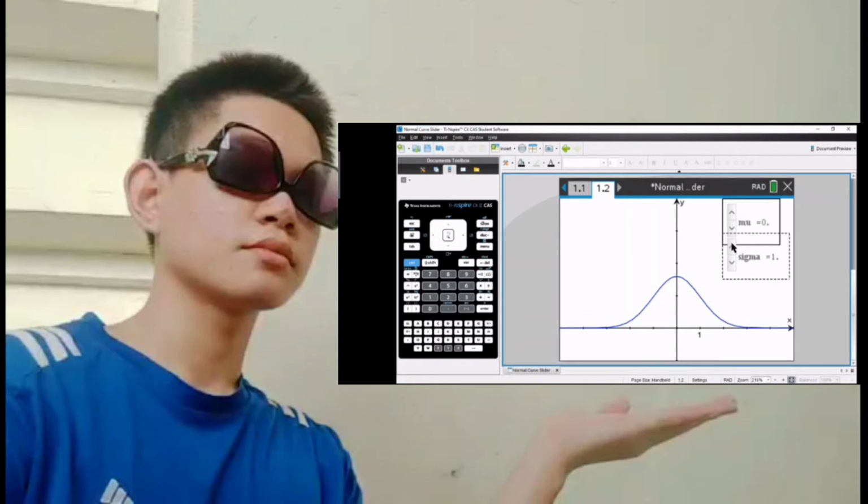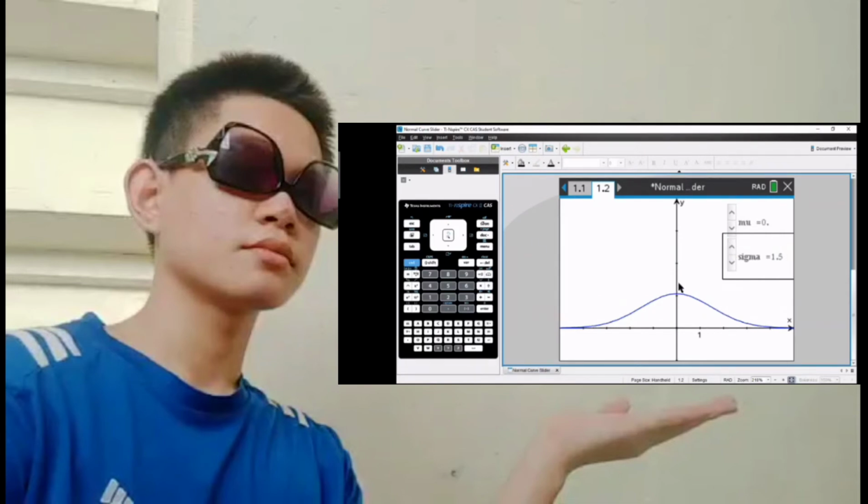We have sigma here, 1. This is the standard deviation. If we increase this to 1.25, notice the change of the height of the graph, it narrows. Yes, it widens.